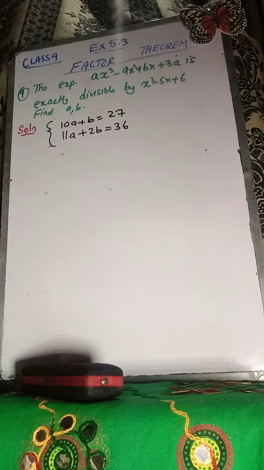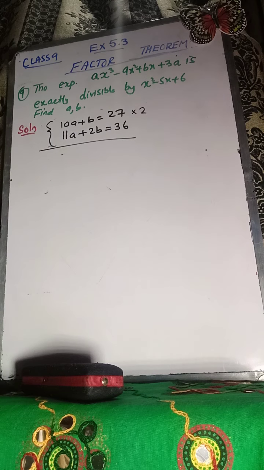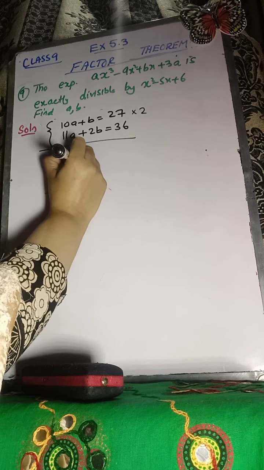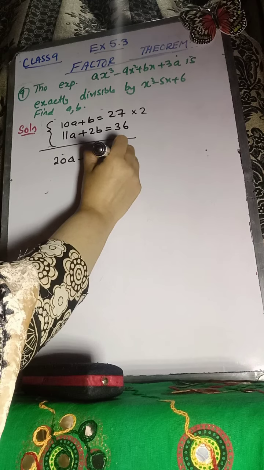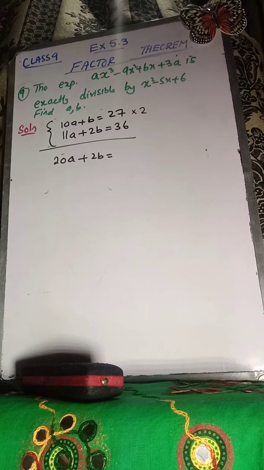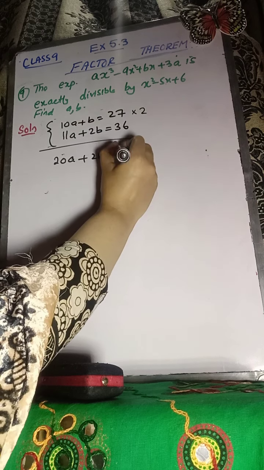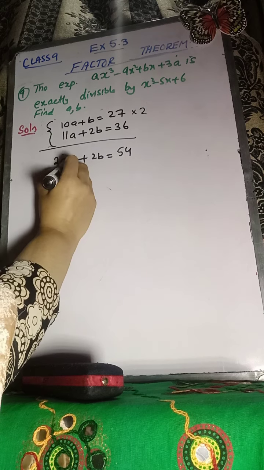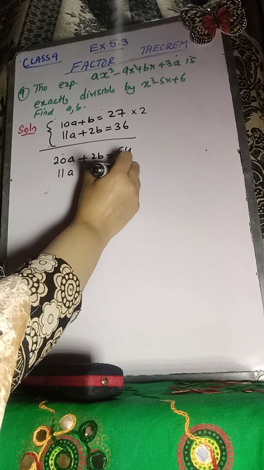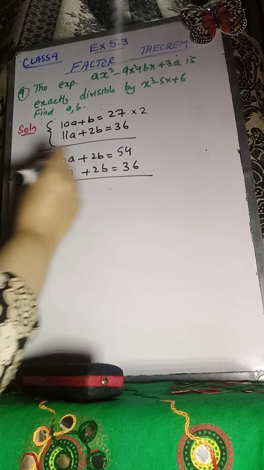Now in order to solve this, let me use the method of elimination. First of all, I am going to multiply by 2 over here. We will get 20a plus 2b is equal to 27 into 2, which is 54. Let me check it. 27 into 2 is equal to 54. After equating the coefficients, I am going to subtract these equations.